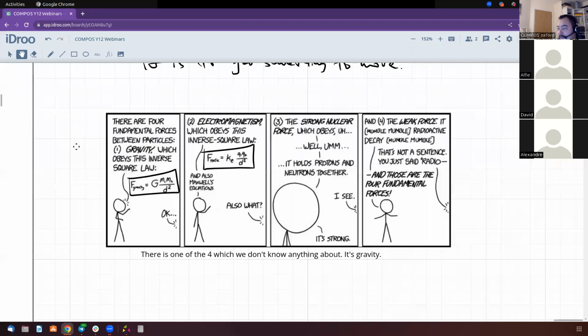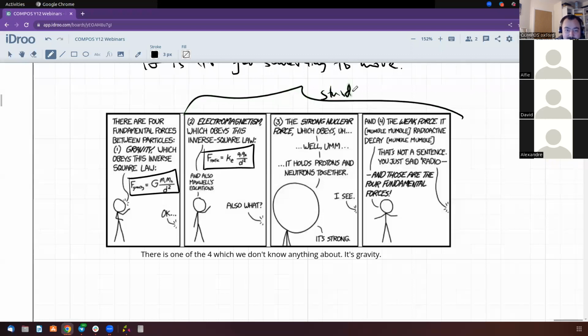And we have the standard model, which combines these 3 forces. But then there is Einstein's general theory of relativity, which describes gravity pretty well, but there's no law that explains everything.